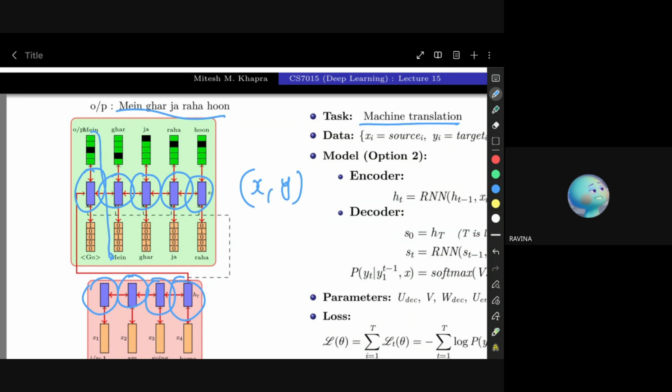For example, we are sending this, and this is the correct one. If it had predicted something different, let's say ja in the first place, I wouldn't have sent that here. I would have sent the correct one, because that is the best way to train the model, and that's called teacher forcing. We only do this while training the model. While testing we just let it be: whatever output comes here, we send it back to this.